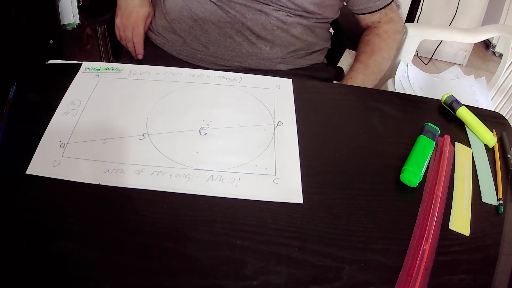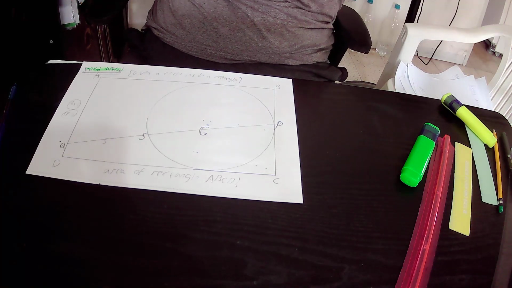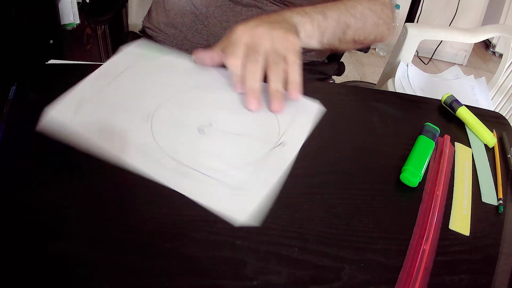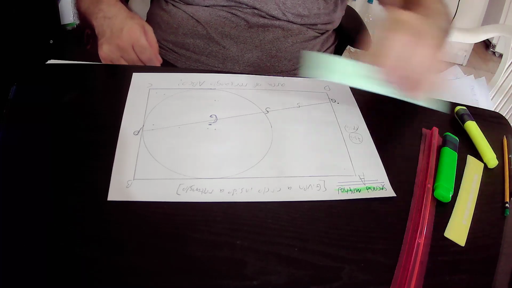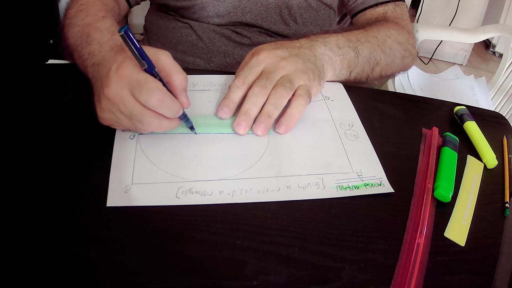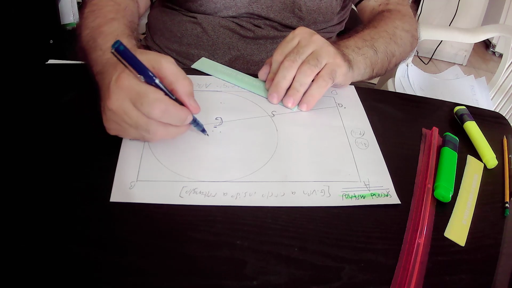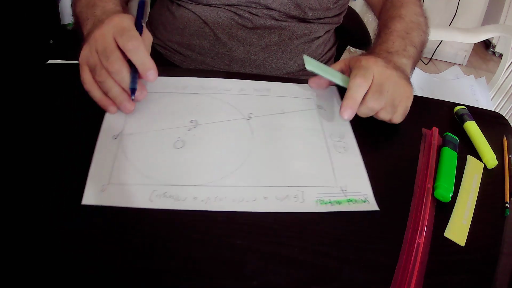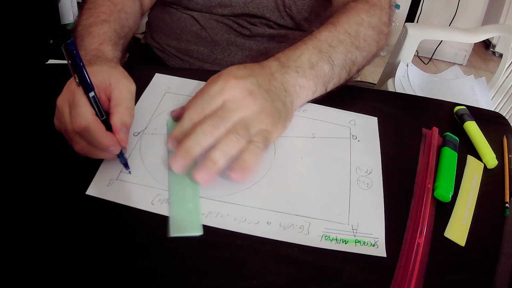In the second method, we define the center of this circle as point O. All the angles inside the rectangle are right angles, so this angle equals 90 degrees.